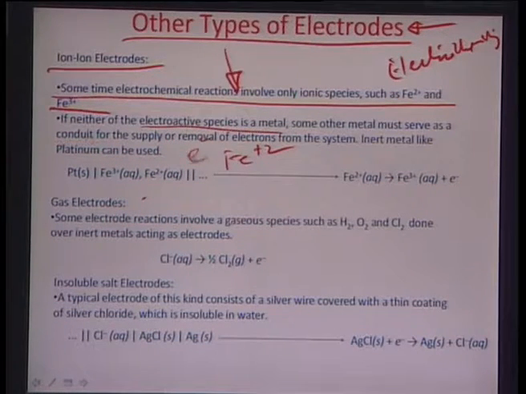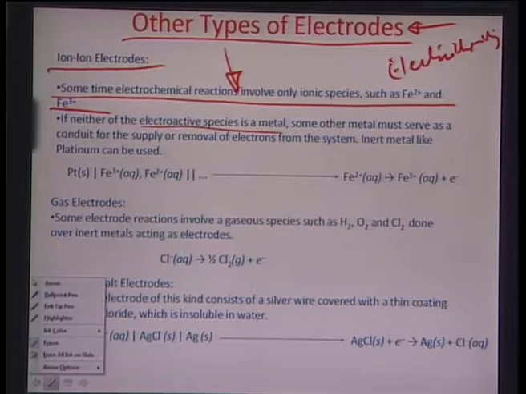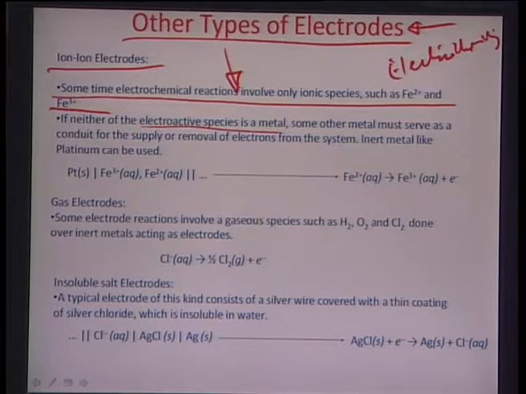Here, instead of a liquid species, we are concerned with a gaseous reaction, with a gaseous species such as hydrogen, oxygen, chlorine, etc. If you look at this particular reaction, what is happening is an oxidation process, wherein the chlorine which had a minus charge is getting converted into a zero valent, gas form, at the cost of one electron being eliminated from the chlorine. So it is an oxidation process essentially.